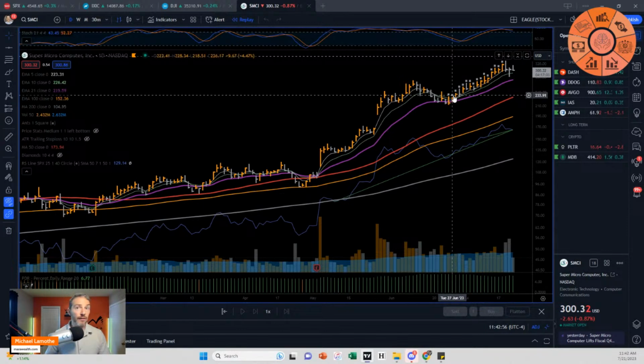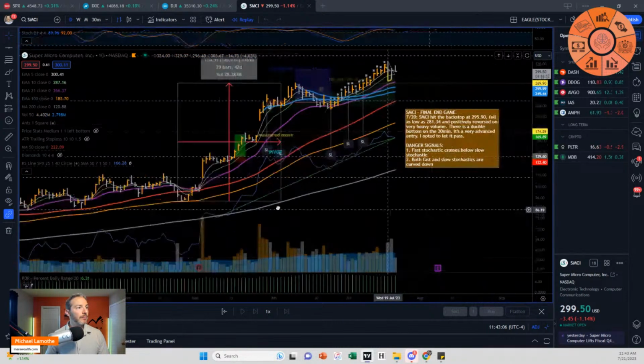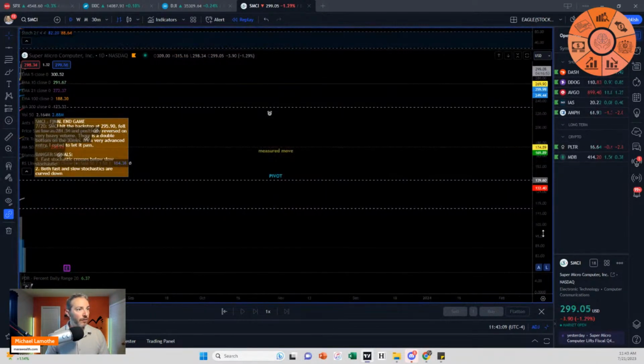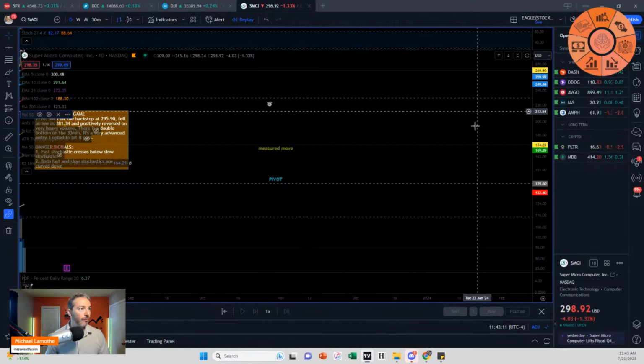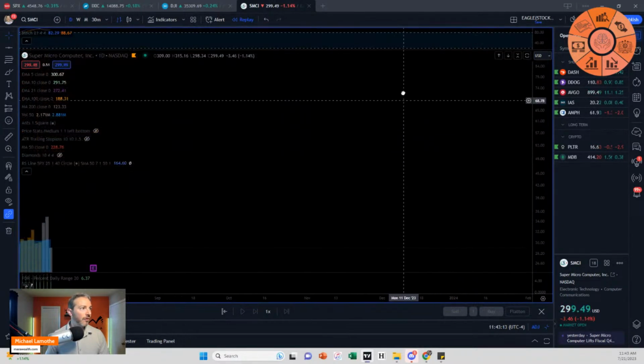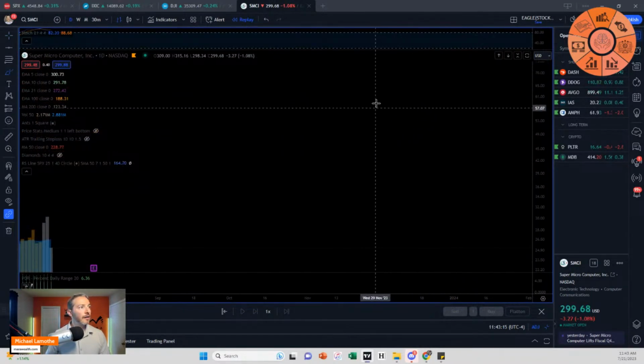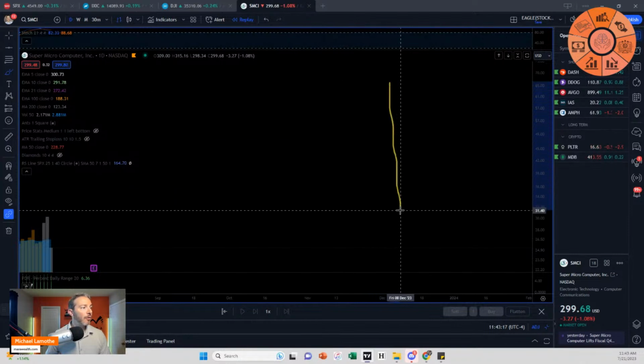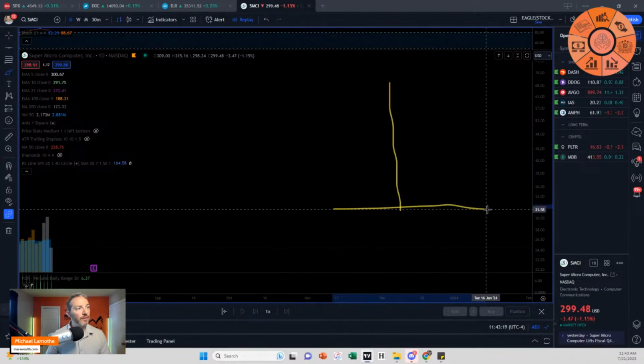So my initial risk, if you remember, started down here. I want to get that risk off the table as quickly as I can. And the reason why, and I'll come over here so I could draw a bit on this chart, is because if you're thinking about your wins and your losses, right?